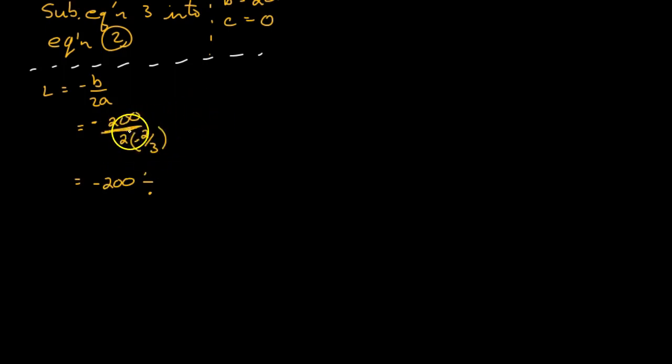Okay. So I'm going to write it horizontal. So instead of writing it stacked here, well, this means divide by 2 times negative 2/3. Negative 200, divide by, well, let's multiply a fraction. 2 times 2, negative 4, and this is 2 over 1, so 1 times 3 is 3.